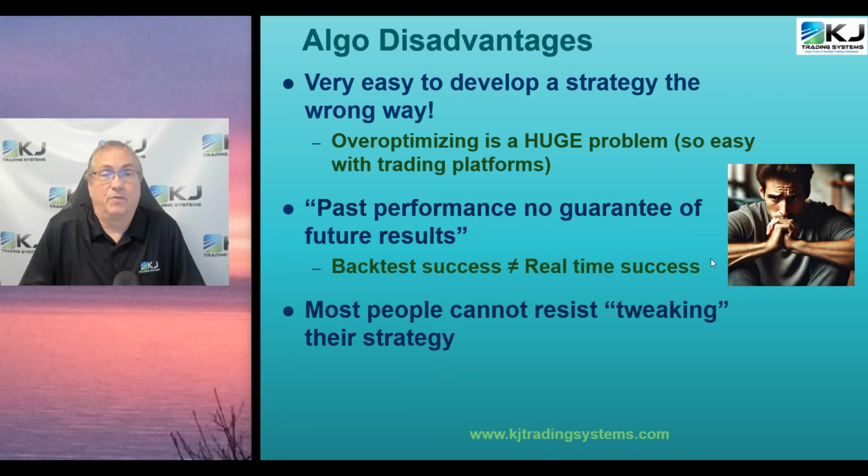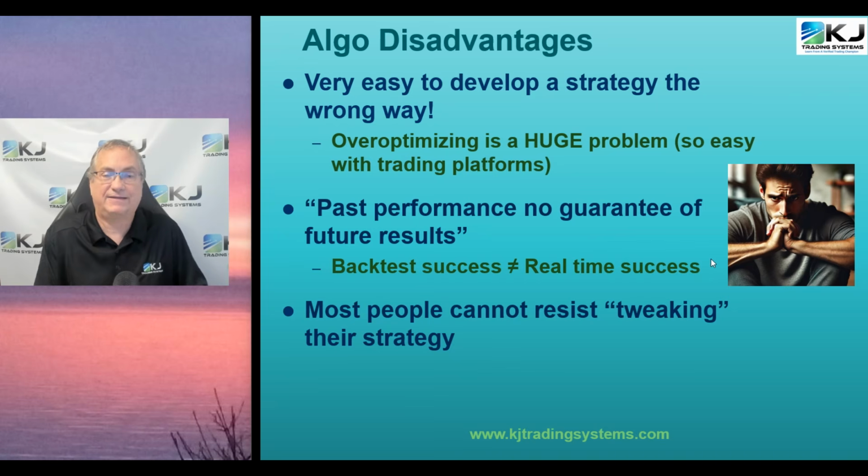Third disadvantage: most people just can't get over themselves and can't resist changing, modifying, or tweaking their strategy. They'll see a backtest curve that they create, and they'll hone in on a little bit of drawdown. They'll say, ooh, I should be able to get rid of that. Or they'll look at the performance report and see that one time they lost 5 trades in a row, and they'll say, ooh, I need a rule to prevent that. And they end up changing their strategy, rerunning it.